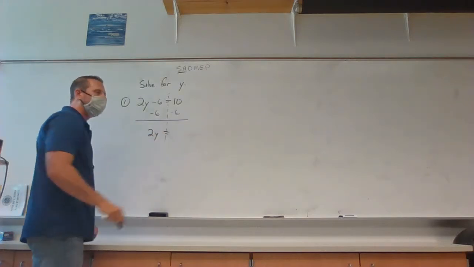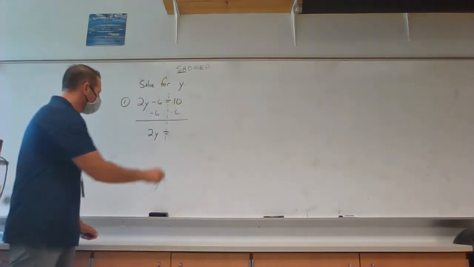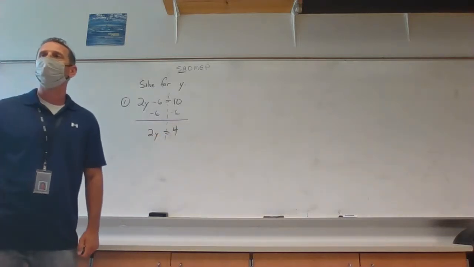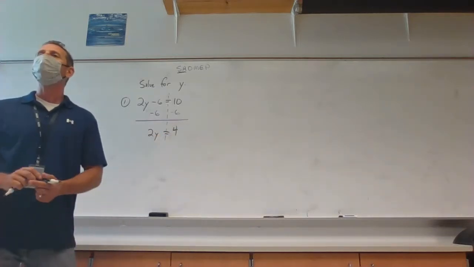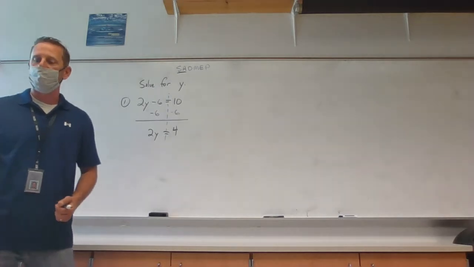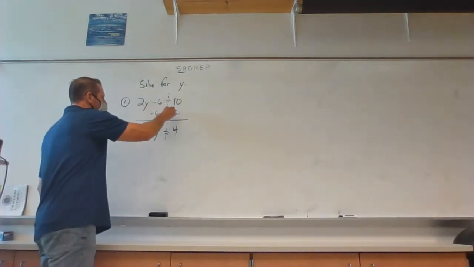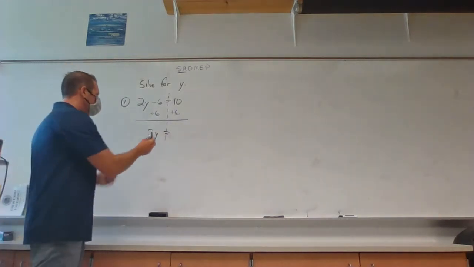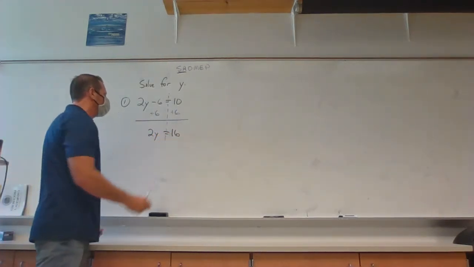On the right side, 10 minus 6 is, what did I do wrong? The inverse operation is not subtracting, it's adding. We need to add 6 to both sides. 10 plus 6 is 16.